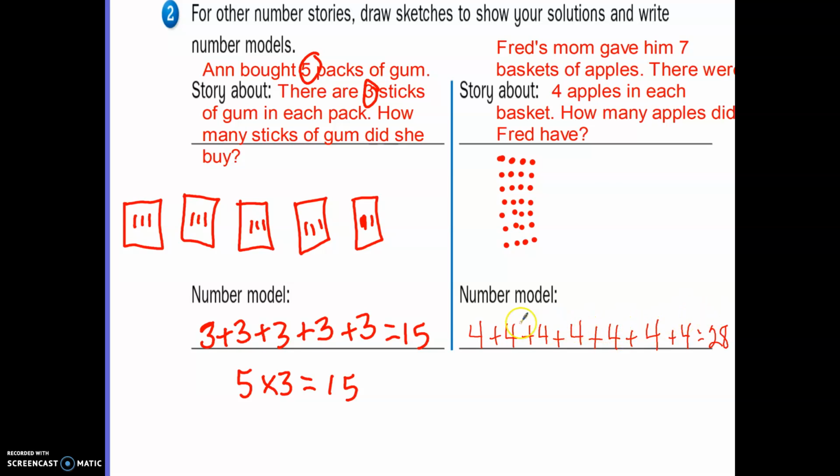So repeated addition, adding 4 7 times, or 7 times 4, 7 groups of 4 equals 28. So when you are working on some simple multiplication problems, some multiplication facts, it's all right to draw it out. Remember, when in doubt, draw it out.